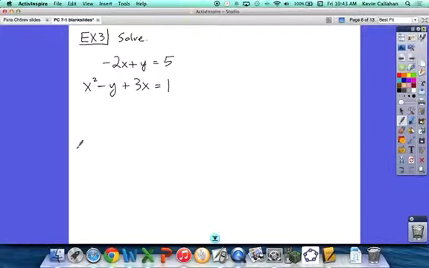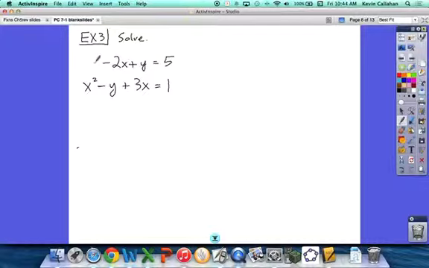Which variable do you think we ought to substitute for? I would not want to solve the second equation for x, because it's squared here, it's to the first power there. That would be way too complicated. Then I'd have to divide by -2 as the last step and then plug it into two different places, one of which it's squared.